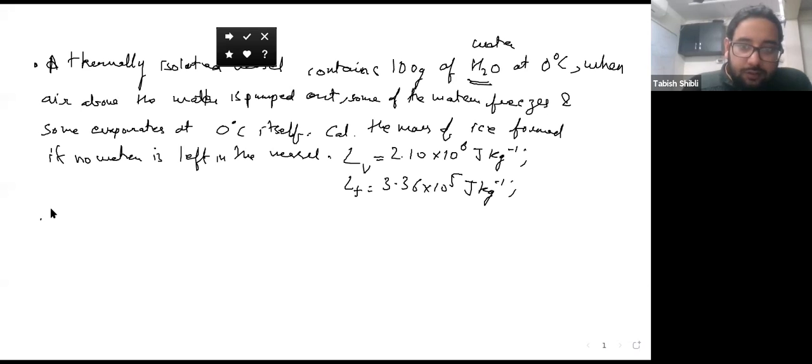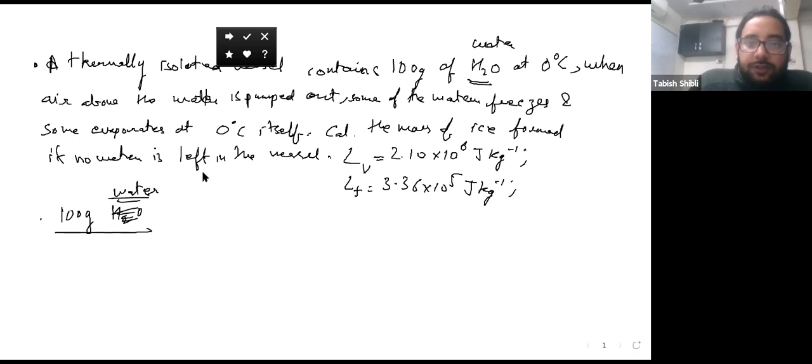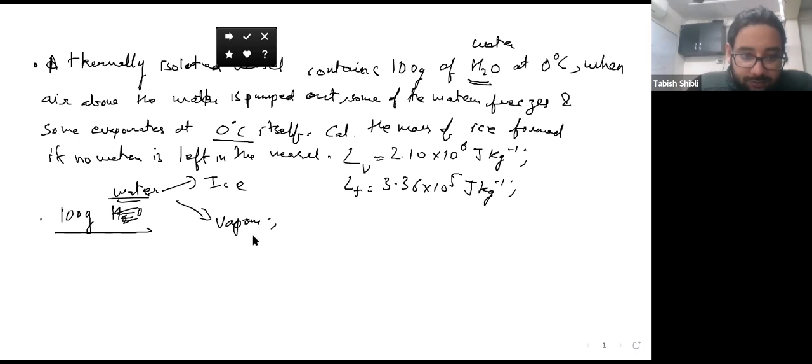You have 100 grams of water here, ठीक है? And it is at 0 degree Celsius. Now what is happening is that this water is converting into ice and it is converting into vapor. तो मतलब जितनी एनर्जी वेपर बनने में गेन हुई उतनी एनर्जी आइस बनने में लूज होनी चाहिए, राइट?